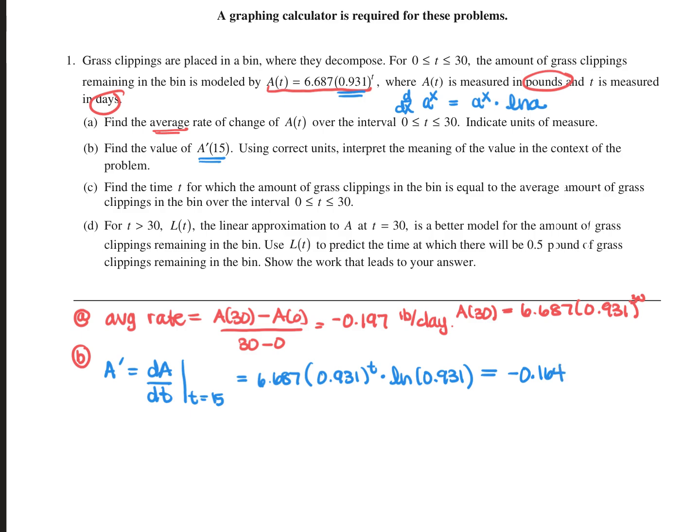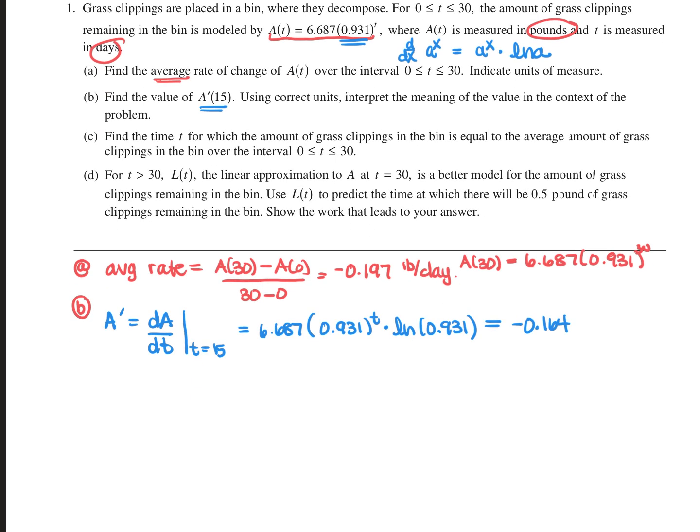And this works out to be negative 0.164. It asks us to interpret this, so we need to write a sentence explaining it.